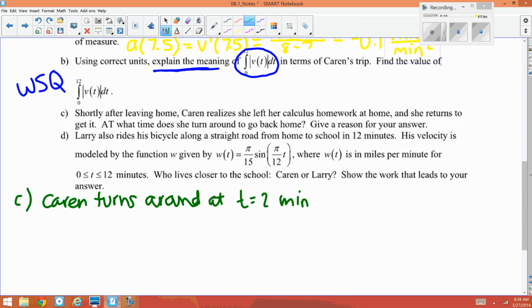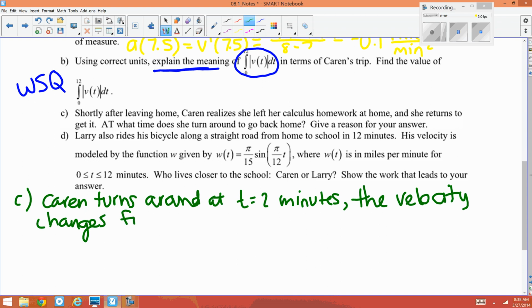You should always try to use your units if you have them. And that is because the velocity changes, and don't just write changes signs, changes specifically from positive to negative at t equals 2.